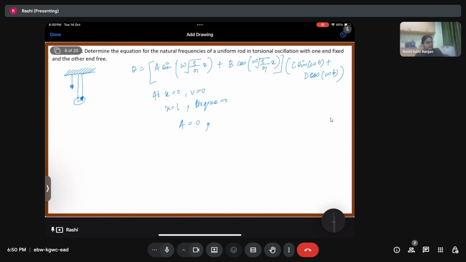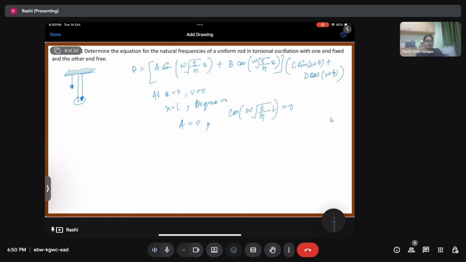For that, then again we are going to get cos of omega into root rho by G into L is going to be equal to 0. Okay, L will not be over here, no? It will be in the multiplication.